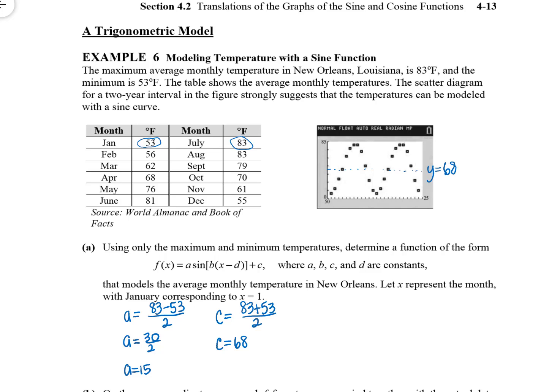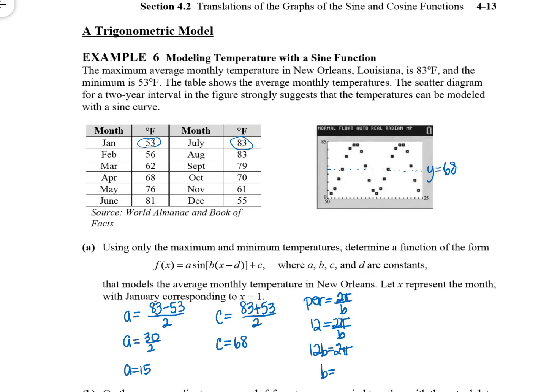Because the temperatures repeat every 12 months, B can be found using the period, which is equal to 2 pi over B. We know that this repeats every 12 months, so we're going to replace the period with 12 and then solve for B. Can multiply both sides by B and then divide by 12.